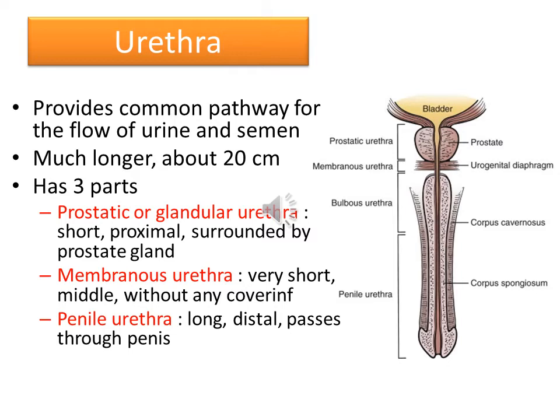It is middle and without any type of covering. And the next one is the penile urethra. It is long, distal and passes through the penis. So the part of urethra present throughout the penis is known as penile urethra. So three parts of urethra: prostatic or glandular urethra, membranous urethra and penile urethra.